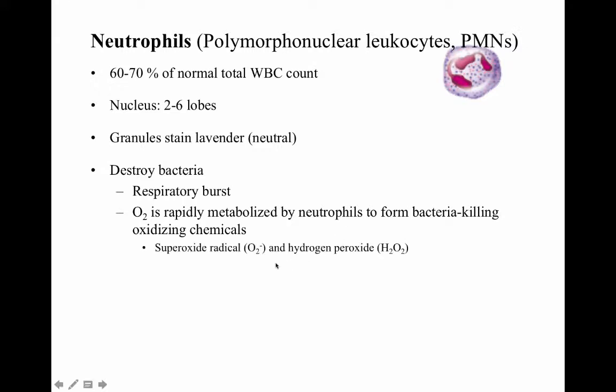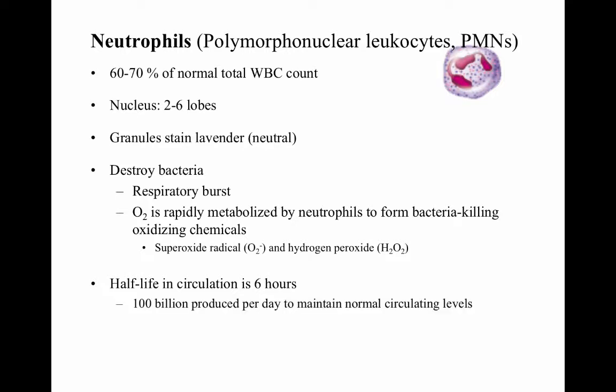So there's a superoxide radical, oxygen and hydrogen peroxide, that can rapidly kill bacteria. The half-life of neutrophils in circulation is about 6 hours, and there are 100 billion of these produced per day to maintain normal circulating levels in our bloodstream.